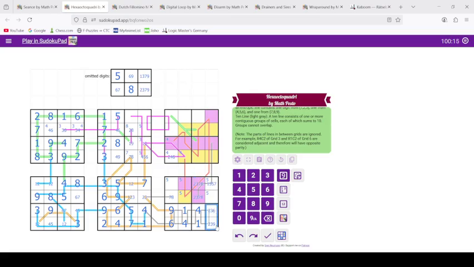Okay. This cannot be missing out 9. It's missing out 2, 3, or 7.